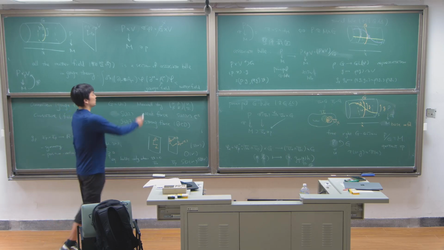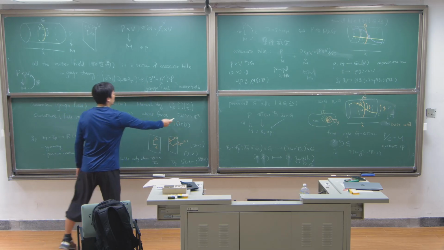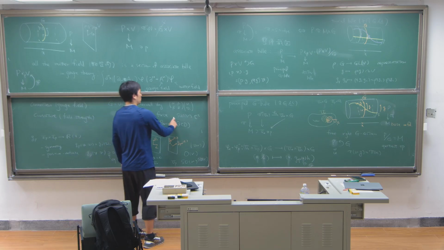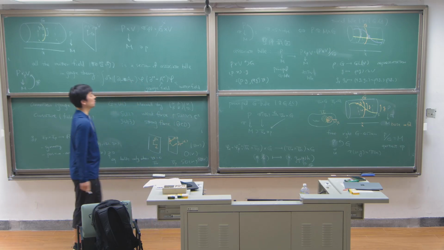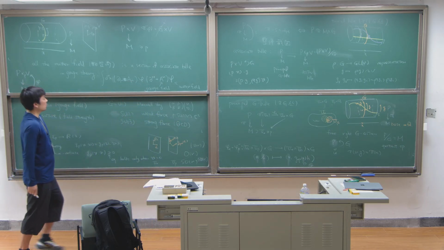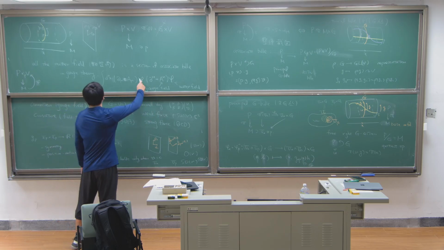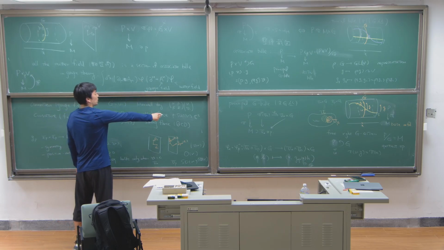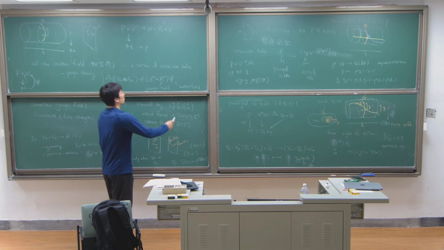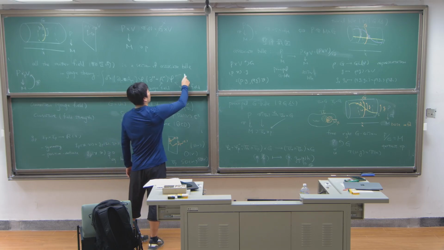If you use the section of the associated bundle using this fundamental representation, this phi becomes the so-called Higgs field.